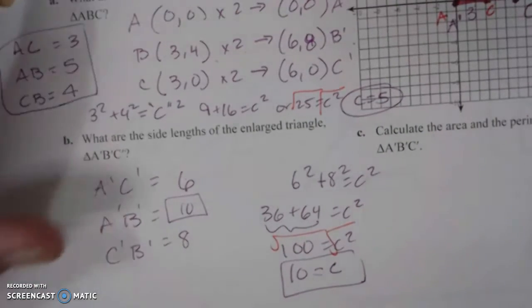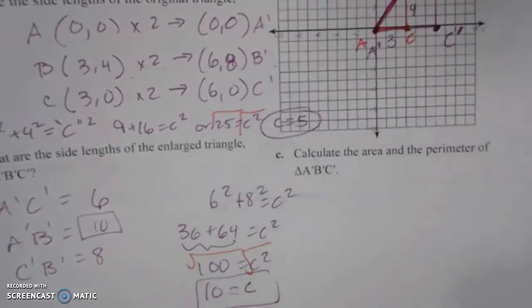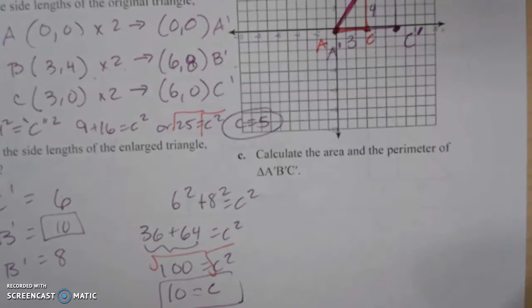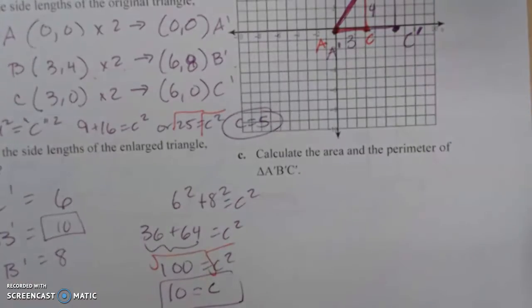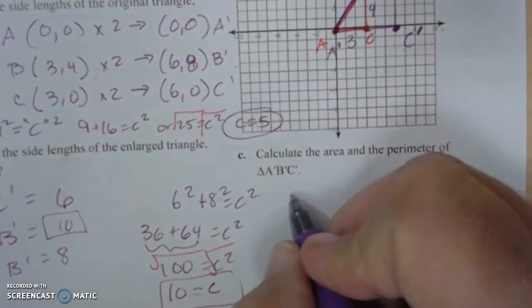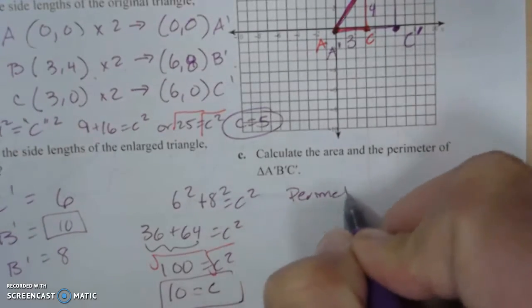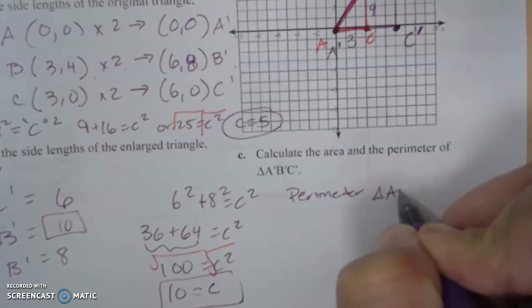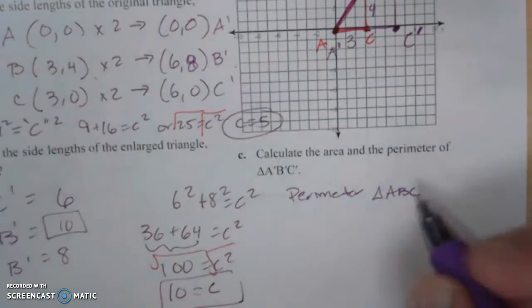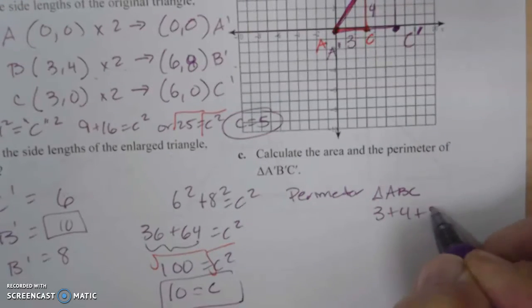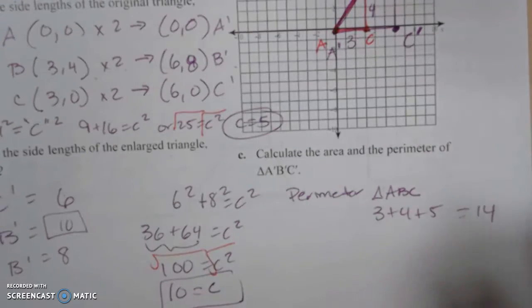Oh, now it says calculate the area and perimeter. Okay, so let's do the perimeter of the small one first. Actually, let's do both. Perimeter of triangle ABC, which is the 3 side lengths: 3 plus 4 plus 5, 9 plus 5 equals 14.